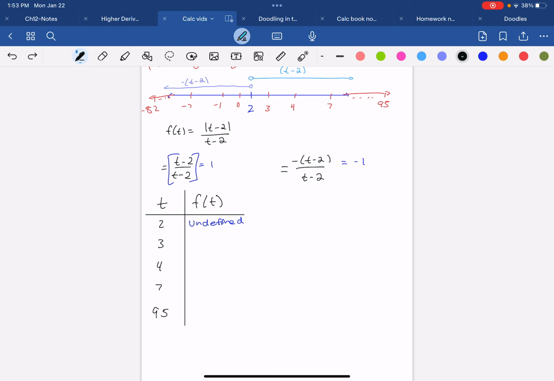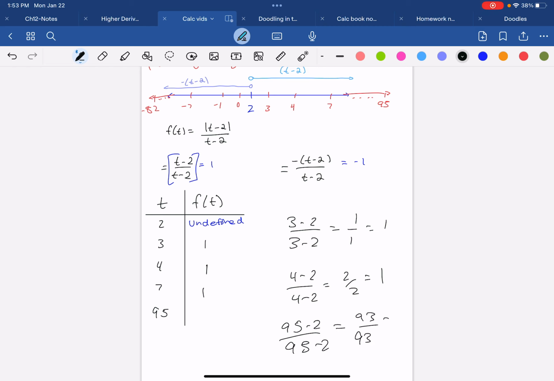So let's say we got 3. So we have 3 minus 2 over 3 minus 2, which is equal to 1 over 1, which is equal to 1. And then if we do 4 minus 2 over 4 minus 2, 2 over 2, which is equal to 1. And then I'm going to guess that this is going to be 1. If I have 95 minus 2 over 95 minus 2, that's equal to 93 over 93, which is also equal to 1.